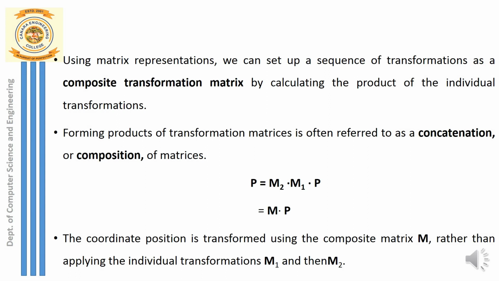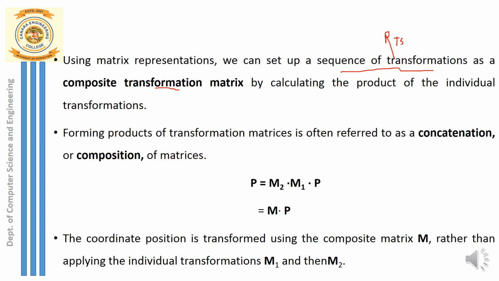We can see here the transformation, when we say it can be translation, rotation or scaling. When I say it is a composite transformation matrix, it is nothing but the sequence of transformations that we apply. The sequence can be rotation, translation, scaling.